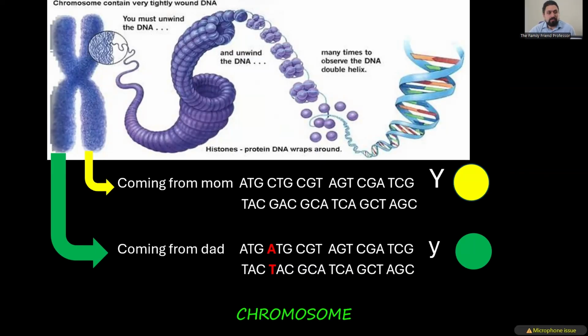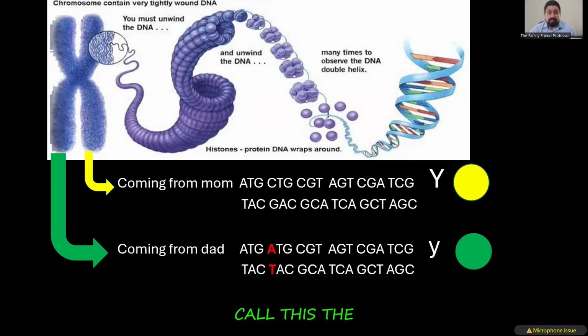If this chromosome is coming from mom, and this one is coming from dad, dad will have this specific sequence of DNA, for example, and mom would have that sequence of DNA, right? So you could see that this double strand coming from mom and double strand coming from dad are different, right? They're almost identical except for that specific letter.